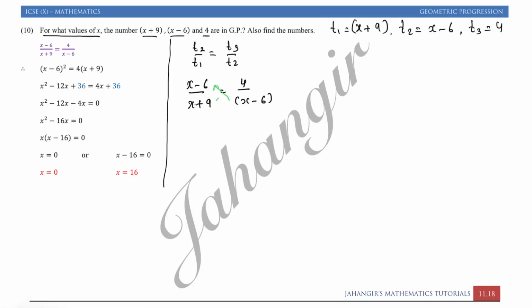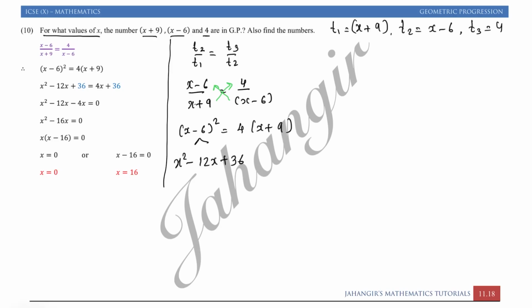In cross multiplication we will get x minus 6 multiplied by x minus 6, that is x minus 6 whole square, is equal to 4 into x plus 9. Now put the identity of x minus 6 whole square, that is x square minus 12x plus 36.